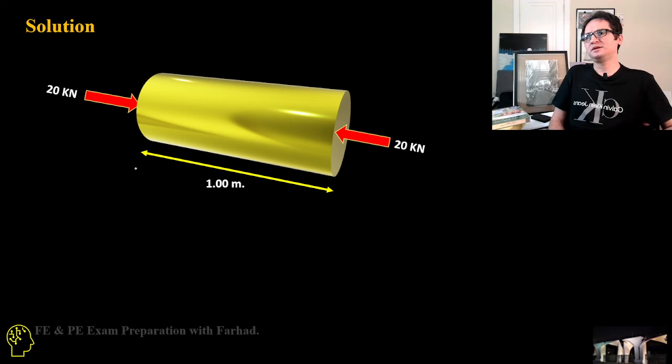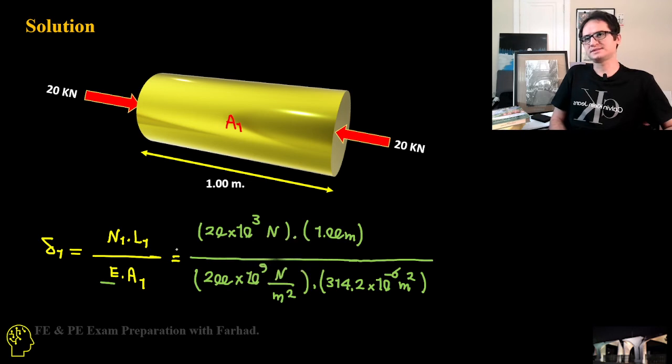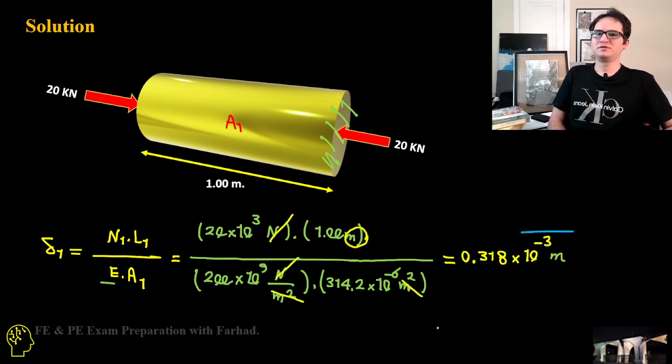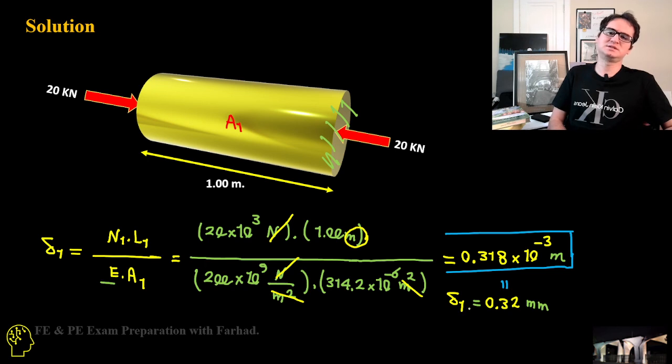For part 1, delta 1 is N1 L1 over E A. Both are steel, so E1 and E2 are the same. That's 20 kilonewton converted to newton times 1 meter, over 200 times 10 to the 9 pascal, times the cross-sectional area of 1, which we calculated as 314.2 times 10 to the negative 6 meters squared. If you do the math, it gives us delta 1 in millimeters.